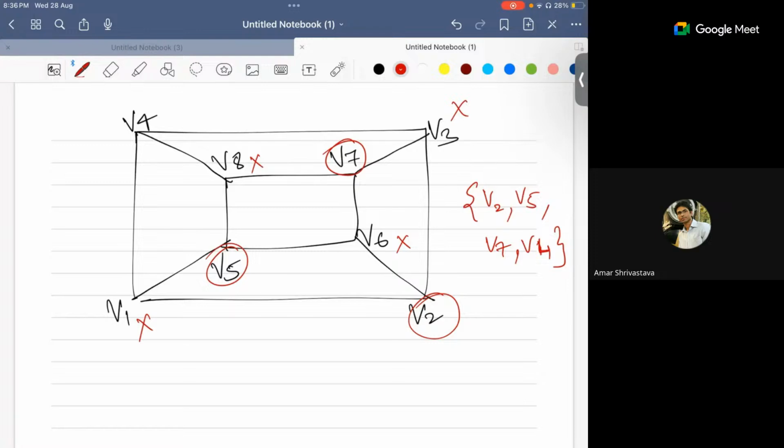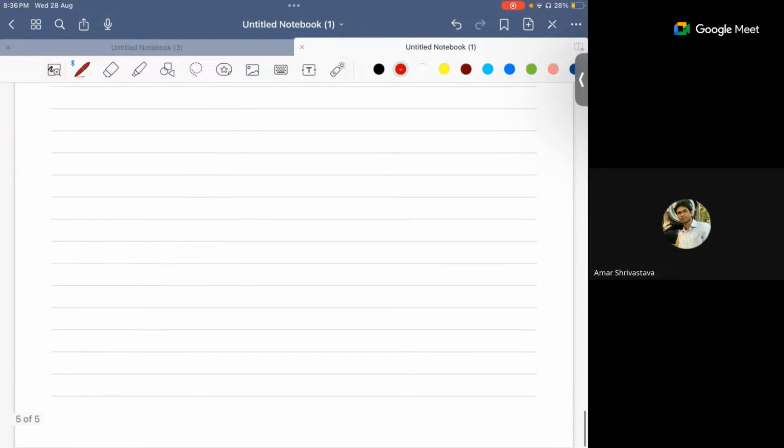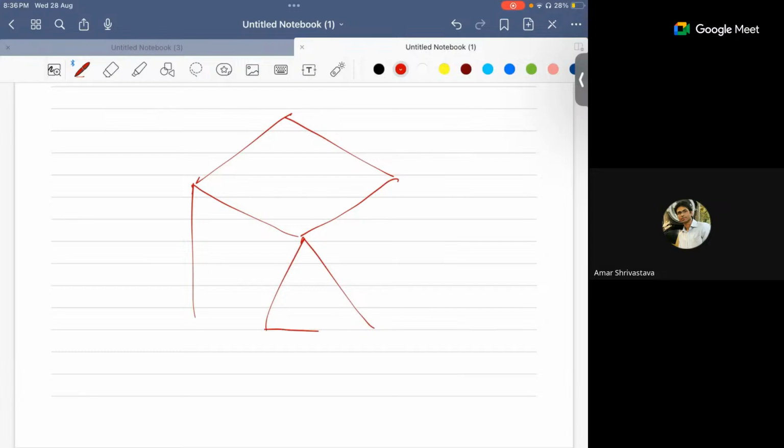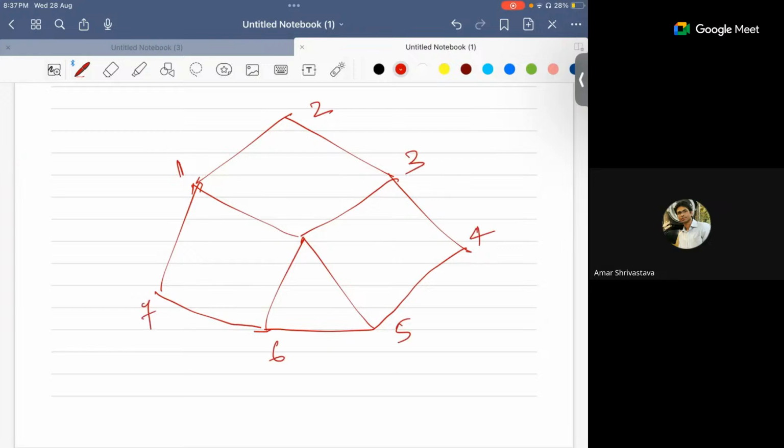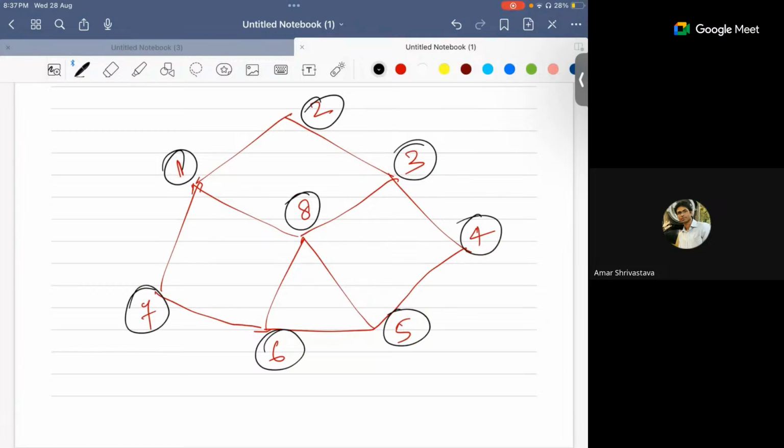Minimum and maximum independent set, both. Okay. Tell me the maximum independent set.